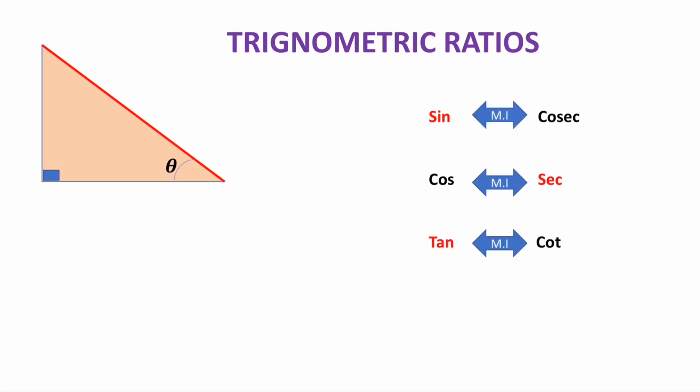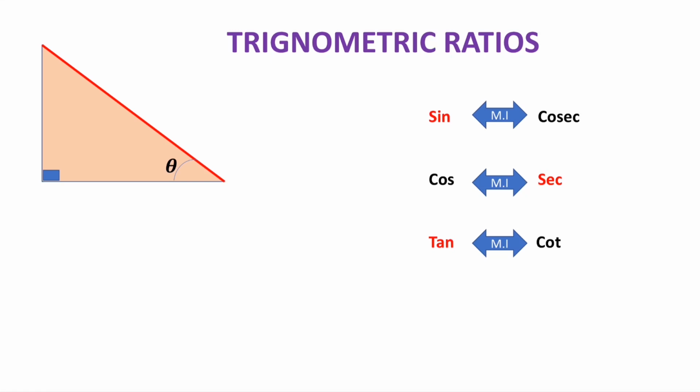Sine is the multiplicative inverse of cosecant, cos of secant, and tan of cot, and vice versa. Cosecant is the multiplicative inverse of sine, secant of cos, and cot of tan.